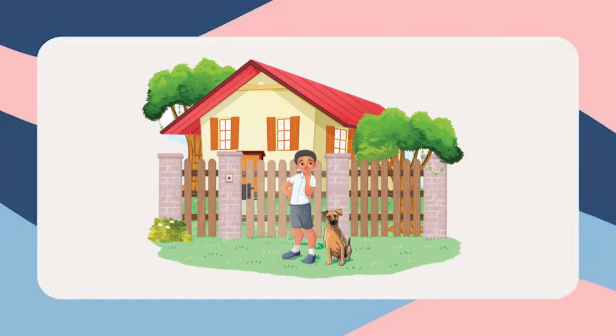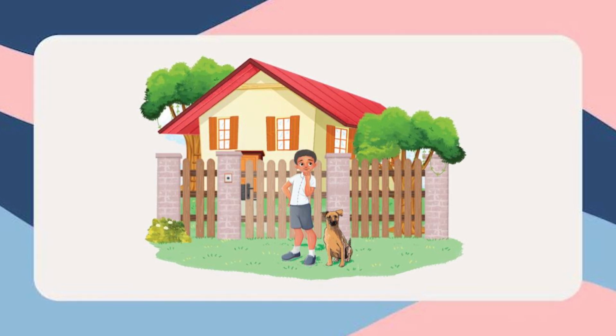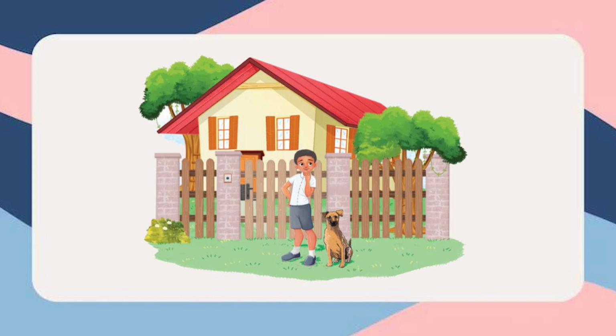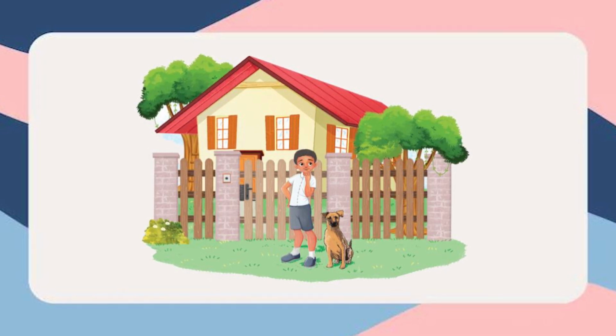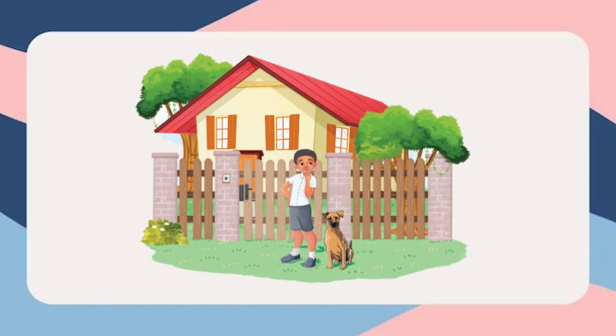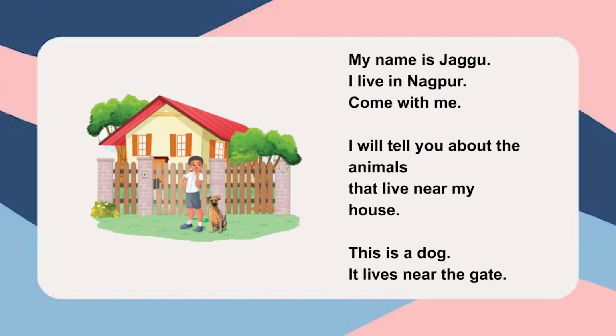Now let's read a story named Animals and Birds. This is a story about a boy named Jagu who is talking about the animals that live near his house. So let's start Animals and Birds. My name is Jagu.